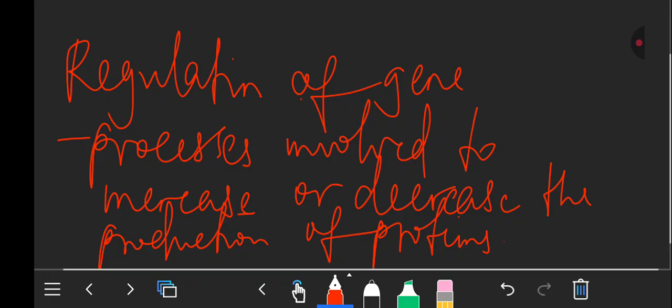So there has to be this regulation to control the amount of proteins which has to be produced at a certain time, and when and where they should be produced. So that is the importance of this regulation of gene.